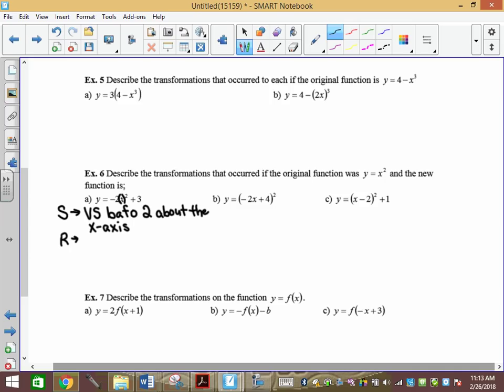Is there a negative in front of the x? No. Is there a negative here? Yes. So I have a reflection in the what? X-axis. Remember, it's always the opposite axis of what you're looking at. So if it's with the x, it's about the y-axis. If it's not with the x, it's about the x-axis. Translations. I have a vertical translation 3 what?